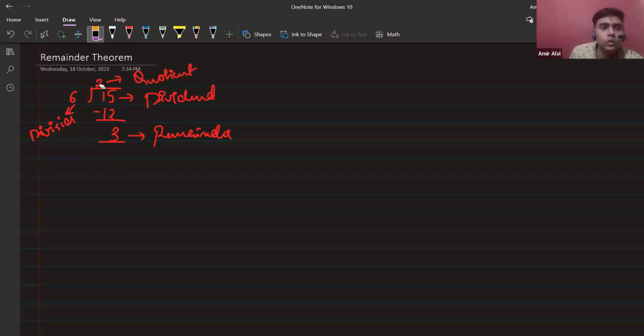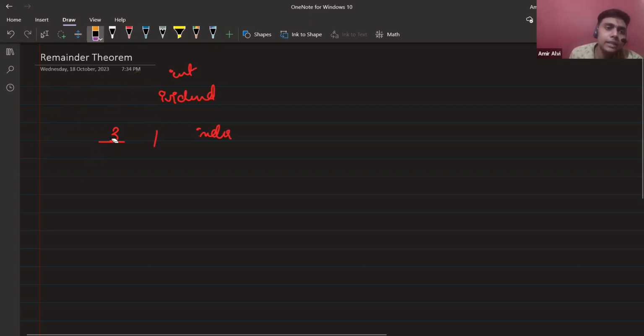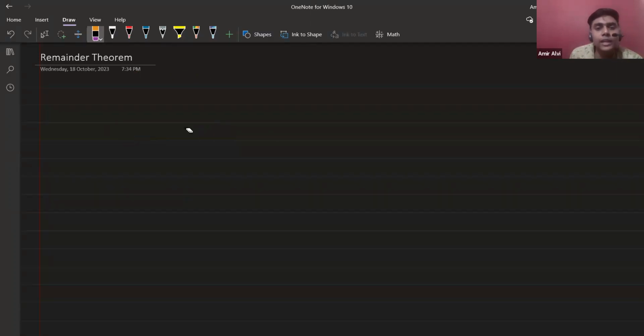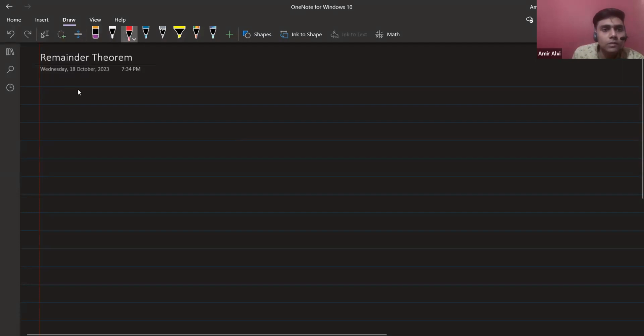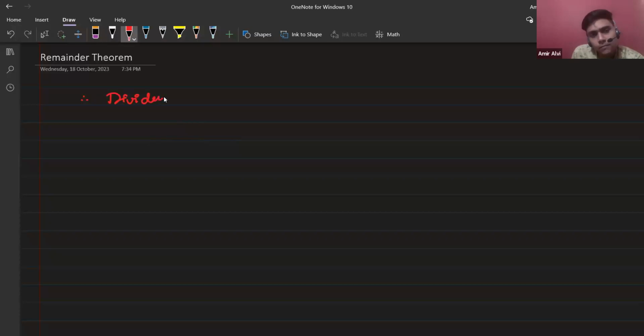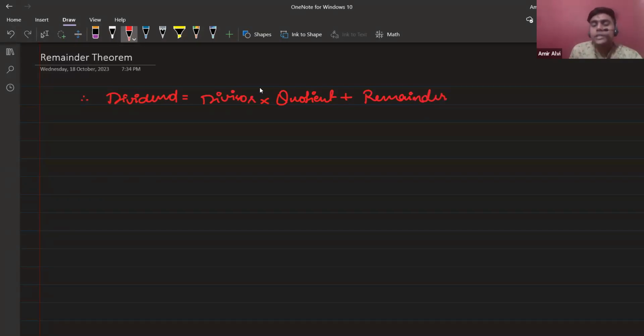So basically, it's not a formula, you can say the relation between dividend, divisor, quotient and remainder is: dividend is equal to divisor into quotient plus remainder. 6 twos are 12 and plus 3 is 15, the dividend.